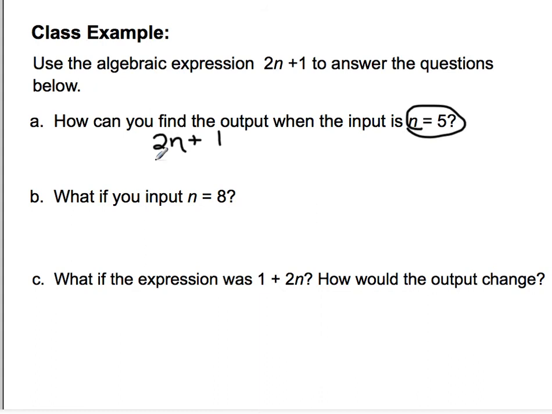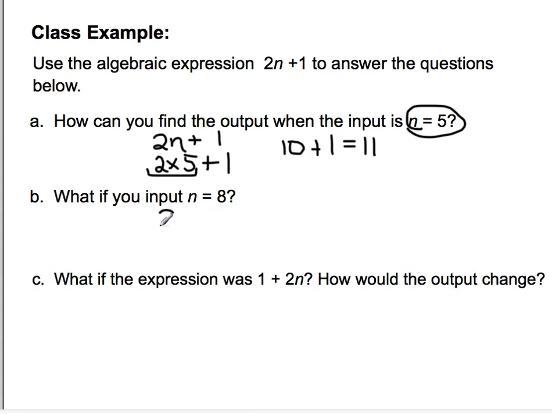So remember, I start with the expression, I substitute my variable in. This is 2 times some number, so 2 times 5, and then I do the order of operations. Multiplication comes before addition, so 10 plus 1, and that will give you 11.